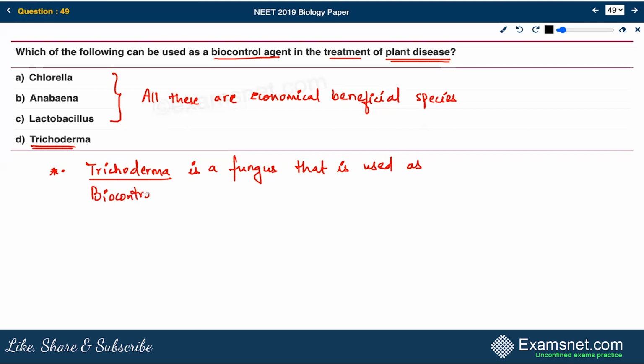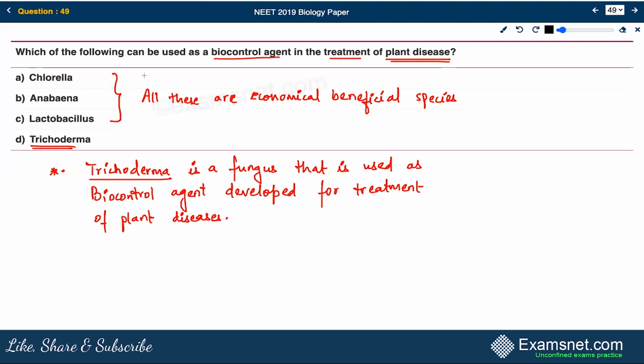A biocontrol agent developed for treatment of plant diseases. So this is the reason. And this is a question that has been asked from the Microbes in Human Welfare chapter. And all these are economically beneficial species.